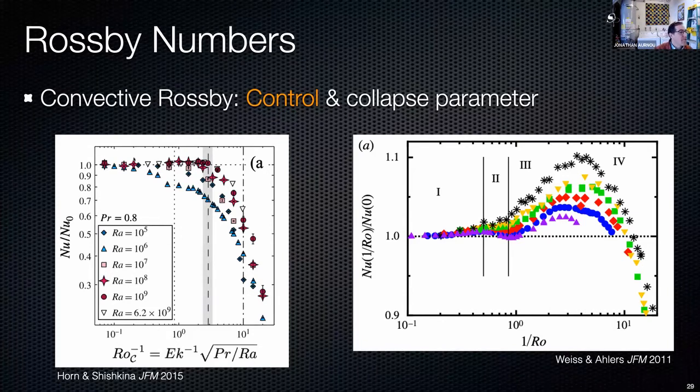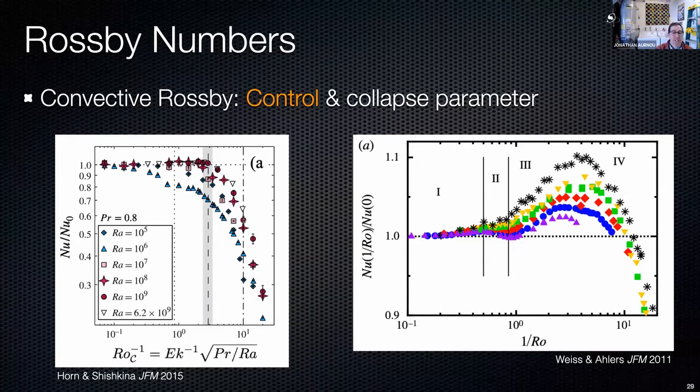And then they're increasing along each of these data sets the rotation rate. In doing so, starting from 0, they start on the left-hand side, and then they increase the rotation rate, and the convective Rossby number is effectively what's being changed. And so it's thought of as the control parameter for all the rotating convection physics.